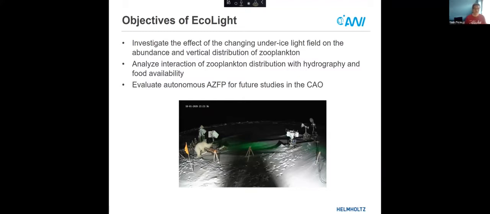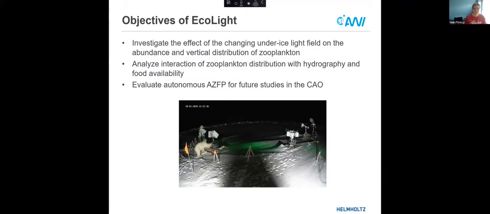Because that's the point here. We have to be out there in this environment that is really hard to access, and therefore it's really desirable to have a system that can record data in the absence of humans and ships. This would be a very nice tool if we could use them more in the future to see how the Arctic Ocean ecosystem is going to change.